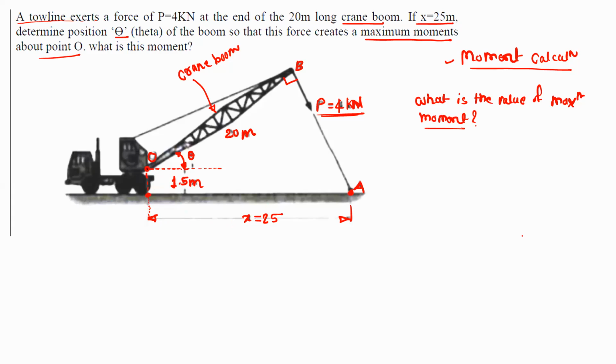So just connect this point O to the point A. From this construction, we will get two right angle triangles. The first triangle is AOM and second triangle is ABO. Now just concentrate on the first triangle AOM.